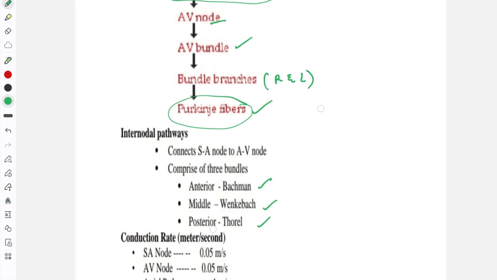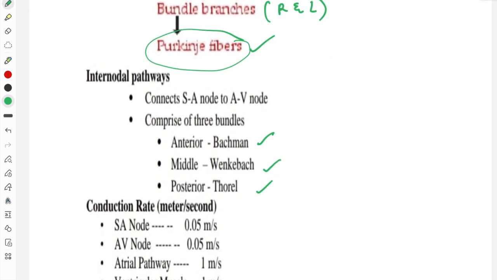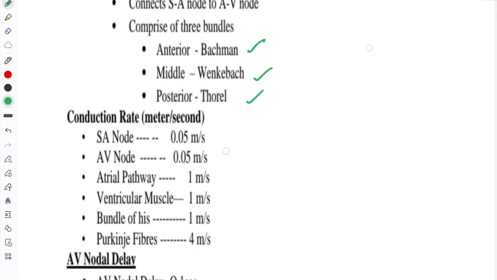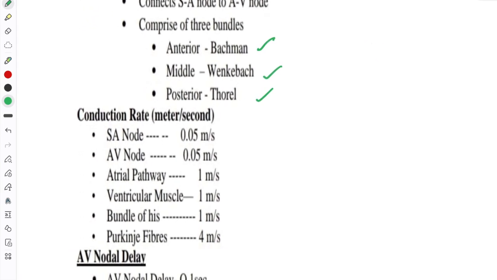Now, the next one is the conduction rate. What is the conduction rate? These are the values that we need to remember. The conduction rate of the SA node is 0.05 meter per second, and for the AV node also the conduction rate is about 0.05 meter per second.